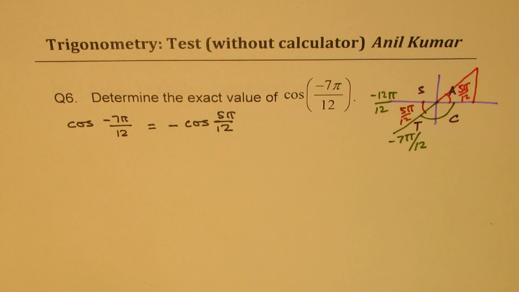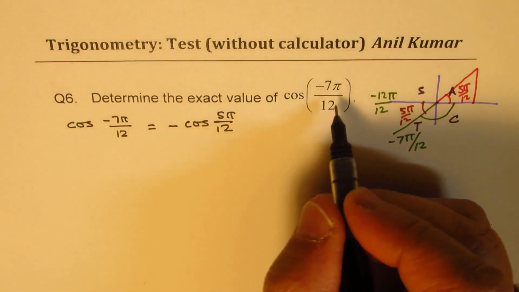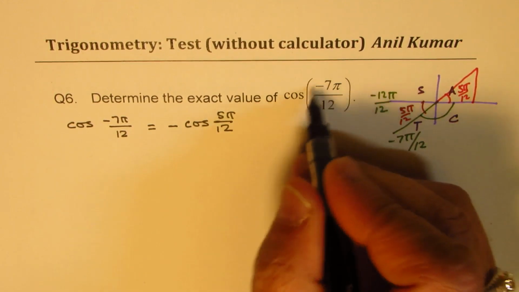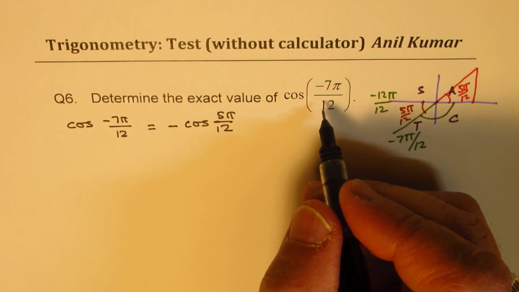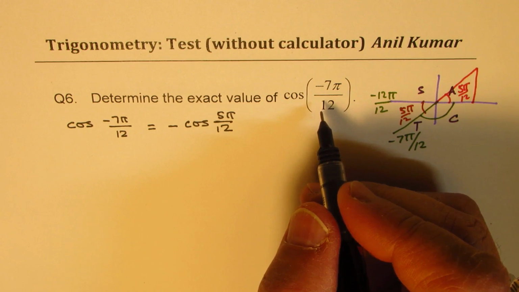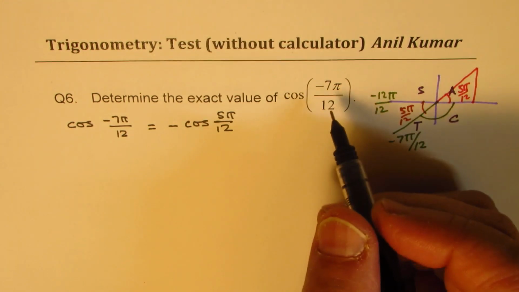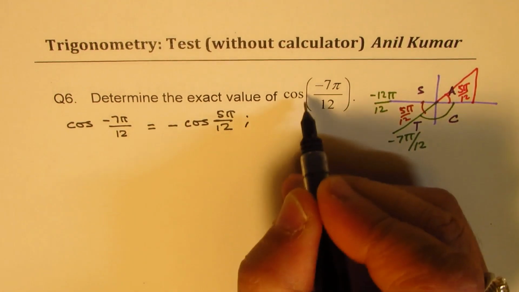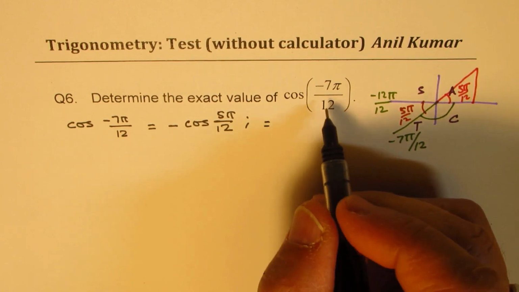So this is kind of, for those who understand cofunctions and related acute angle, this should not be very difficult. Or you could also straight away write this particular function as cos of pi by 4 minus 5 pi by 6. You could do that also.